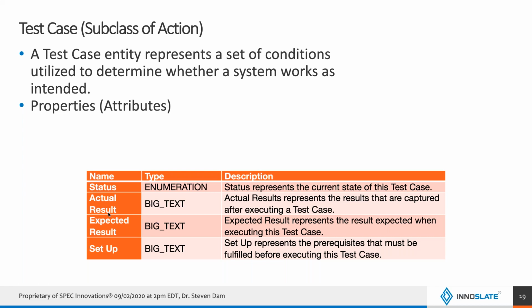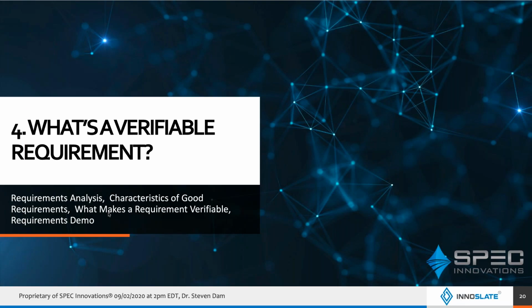And then the other attributes are actual result, expected result, and setup. So those all show up in it. In the test center, we don't show setup. That's left as an attribute, but you can always add a column for that if you want to in test center as well. Okay, so that's a very quick overview of the ontology changes.